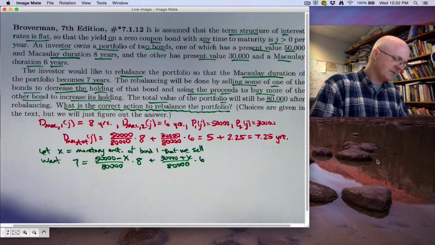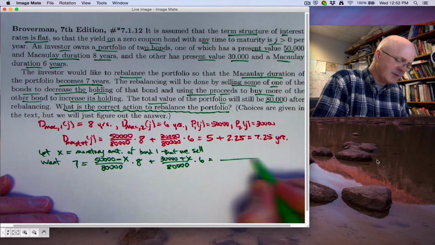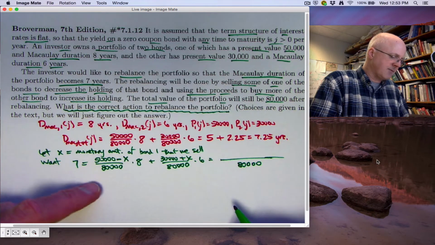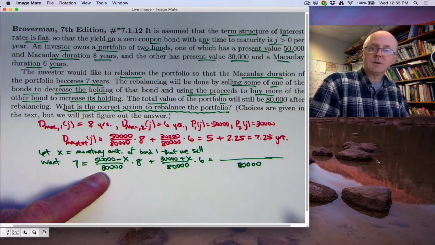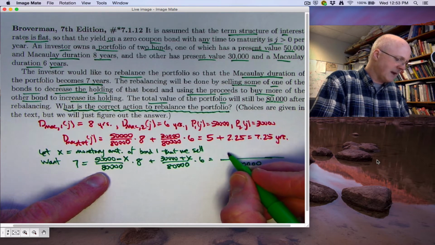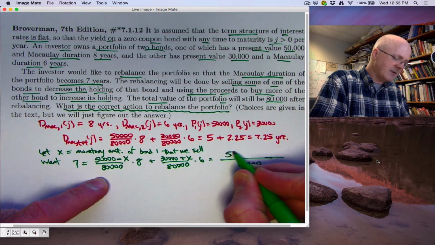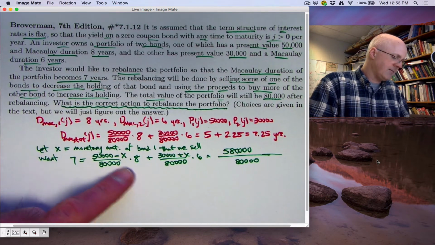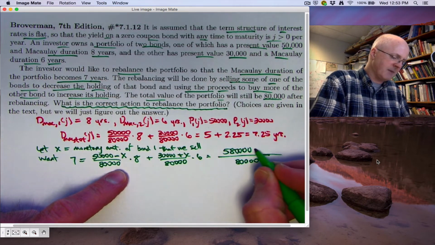Let's first simplify this to one fraction. We already have a common denominator of 80,000. 8 times 50,000 is 400,000. 6 times 30,000 is 180,000. 400,000 plus 180,000 is 580,000. Then we have minus 8x plus 6x, that'll be a minus 2x.